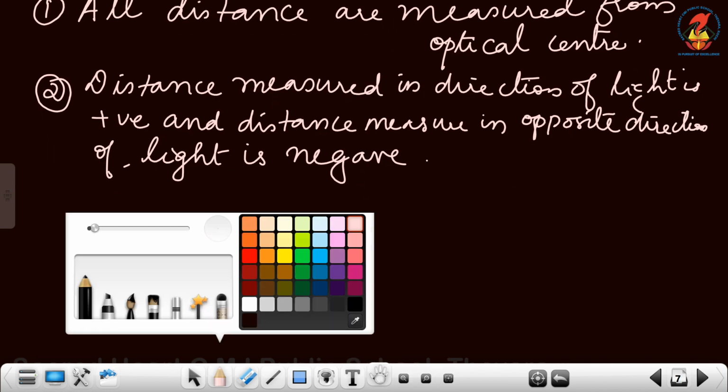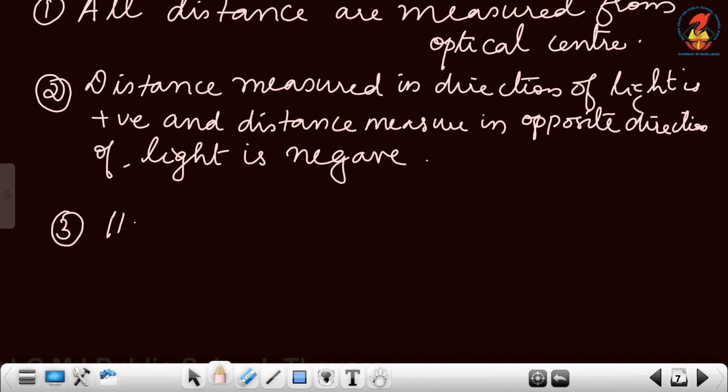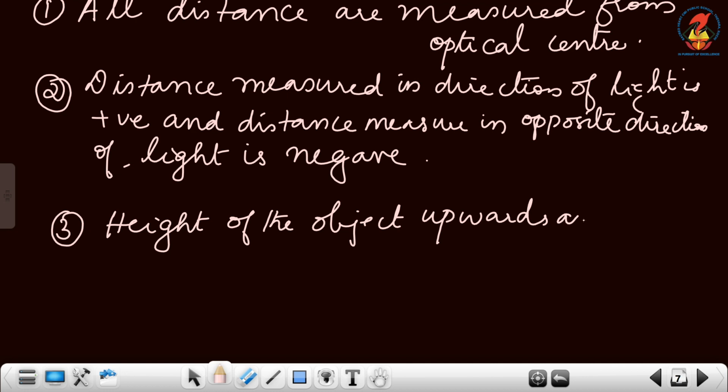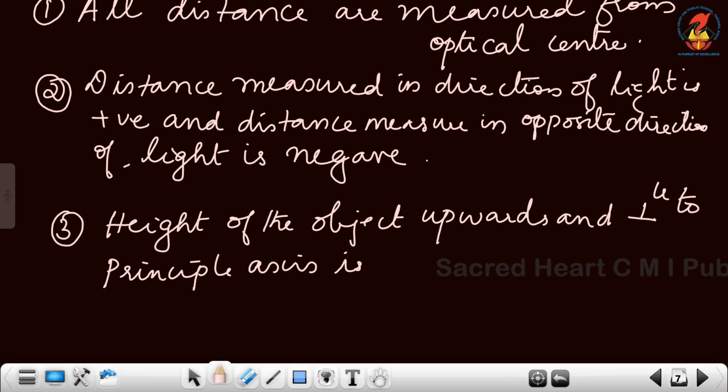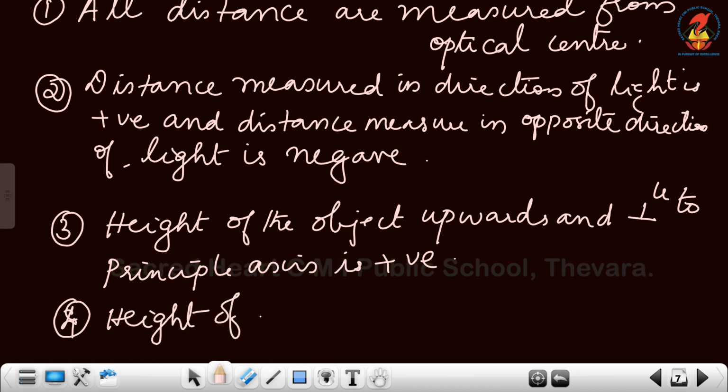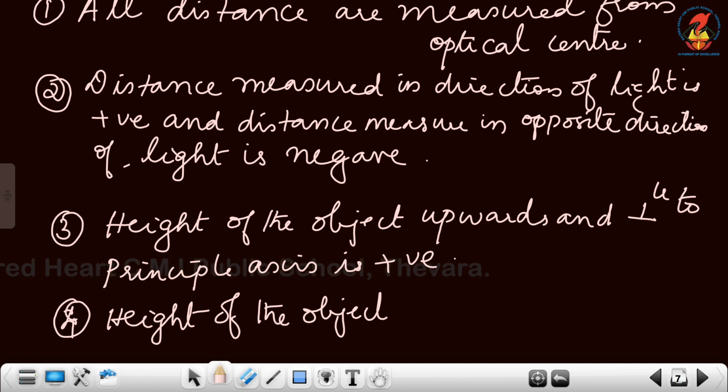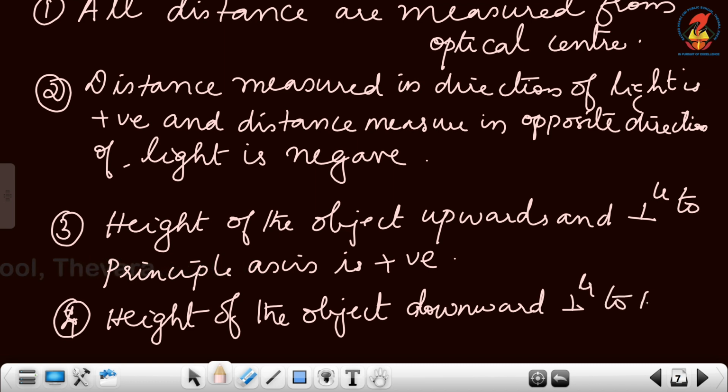So third point is height of the object upwards and perpendicular to principal axis is positive, while height of the object downwards and perpendicular to principal axis is taken as negative.